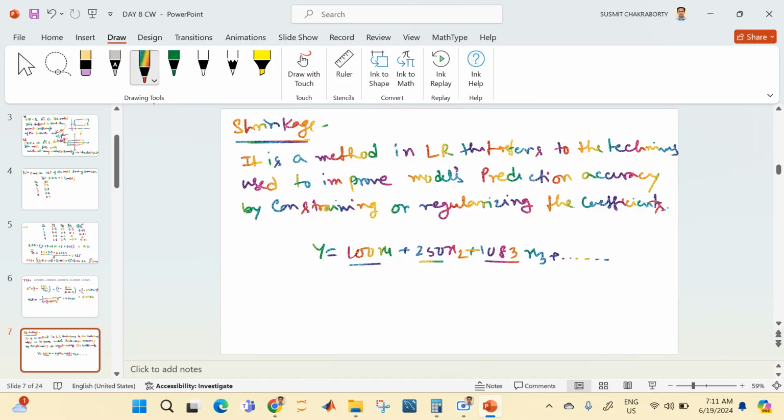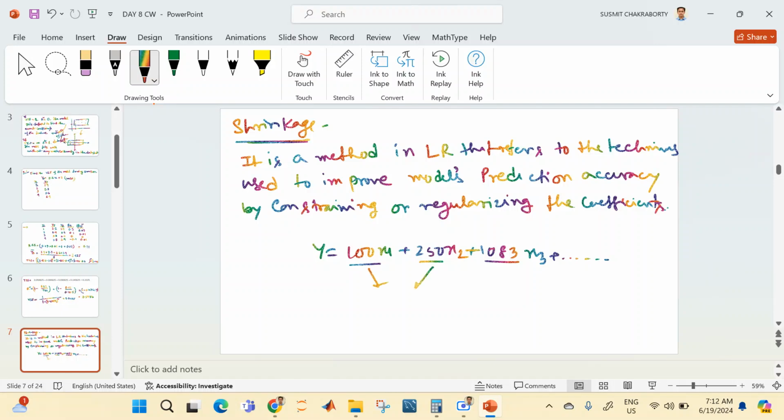This large beta can cause a problem in estimation. Remember, with a large value, a very small change in x1 can make y change abruptly, right? So shrinkage is a technique to reduce this beta value.